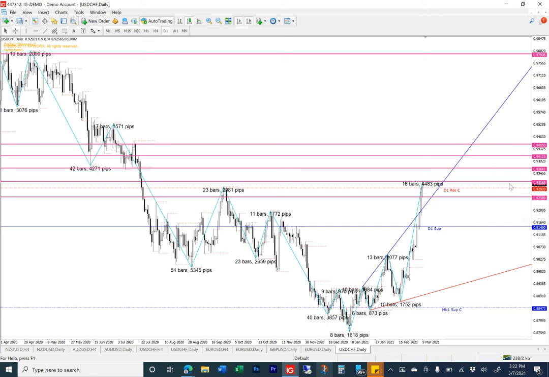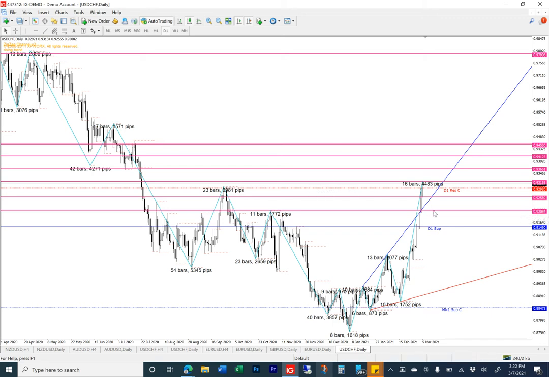That correction could head down to 0.92589. If we experience a deeper correction, that deeper correction could really go to 0.92084. We could expect some sideways movement in between these levels here. Okay.